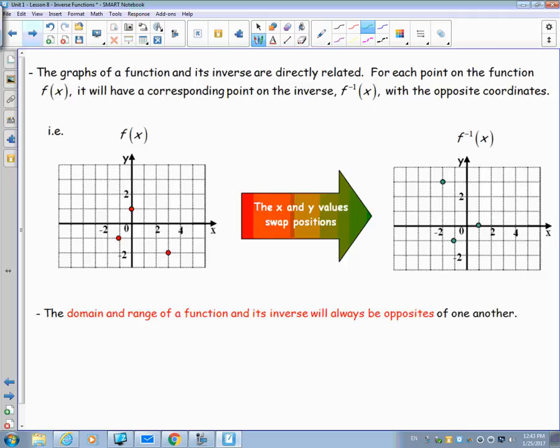Okay. The graphs of these two functions are directly related to each other. An inverse will have corresponding points with the original function, but there's something kind of tricky about them. The coordinates are going to be opposites. So for example, on my original function, f(x), I've got the point (0, 1). On the inverse function, that point becomes (1, 0). So the x and the y have swapped.